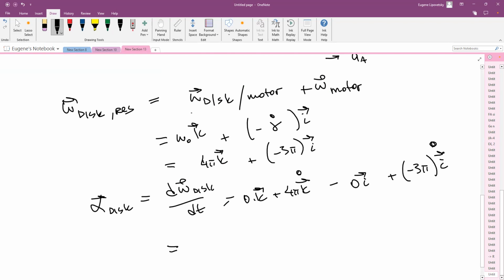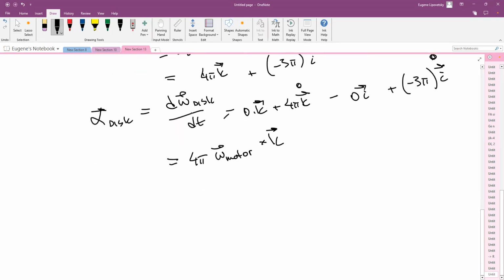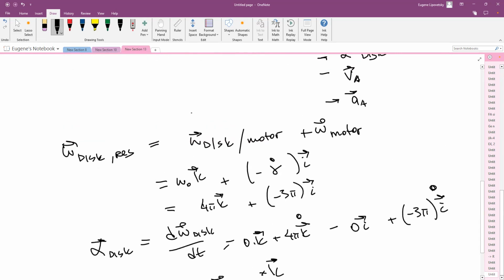And that will be 4 pi, omega motor cross product with k, because this is omega of the disk relative to motor, right?